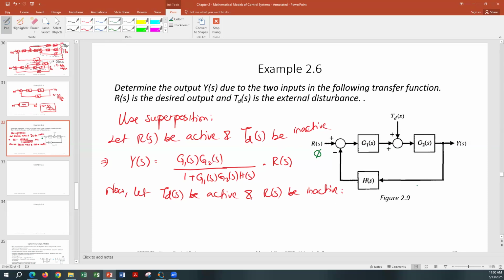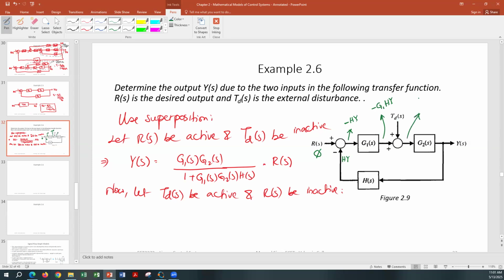Now, in this case, I'm going to follow the signals again. So Y(s) times H(s): the signal here is H Y. The signal here is going to be 0 minus H Y, simply negative H times Y. It's going to pass through G1. The signal here will be negative G1 H Y. That will be added into T_D.